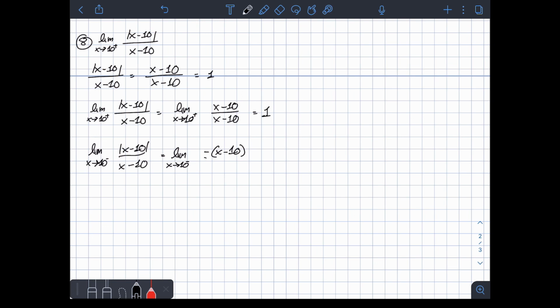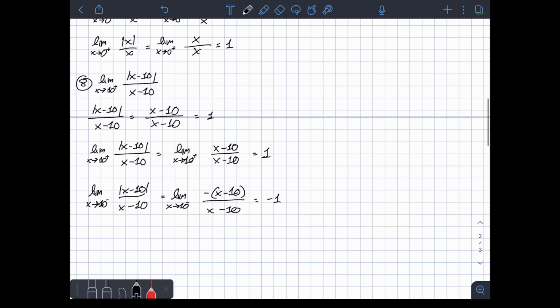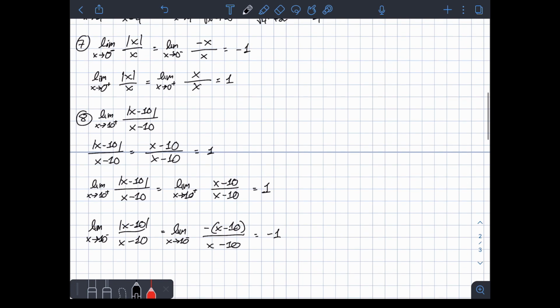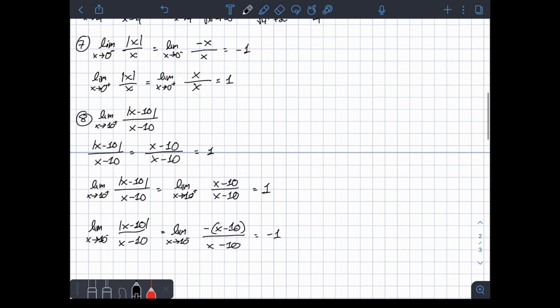So for the absolute value, we're multiplying it by a negative. And then that would be negative (x - 10) over (x - 10), and that would equal negative 1. So you can see with absolute value functions, we generally have different one-sided limits, and that means that there is no limit for that function.